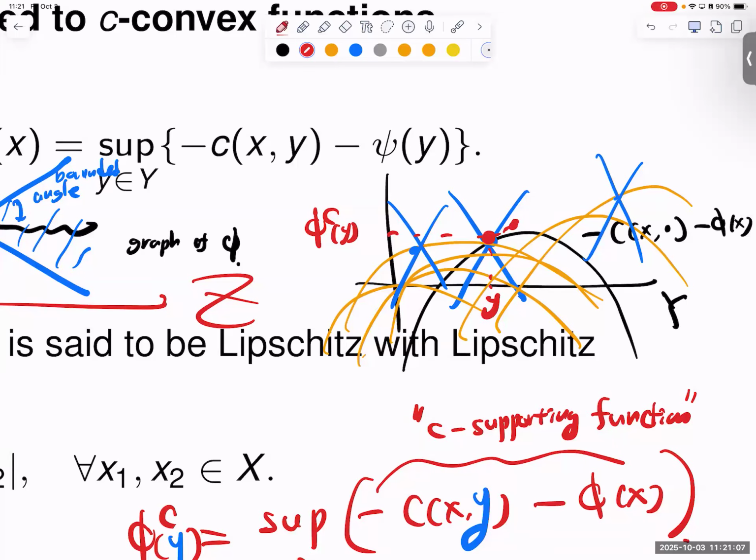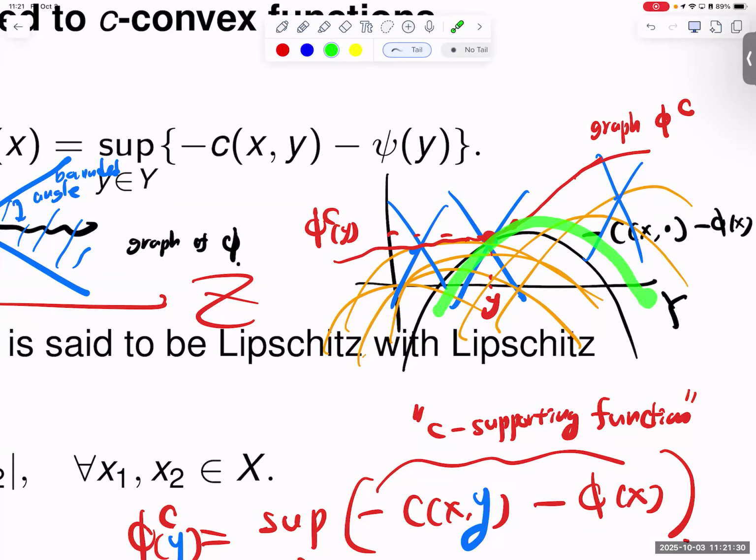But the point is, such a graph of your C-Legendre transform also has this supporting hyperplane, C-supporting function, like from below, okay, and then there is something touching the graph, and of course it takes supremum, right, and then that one will also be inside the cone like this.